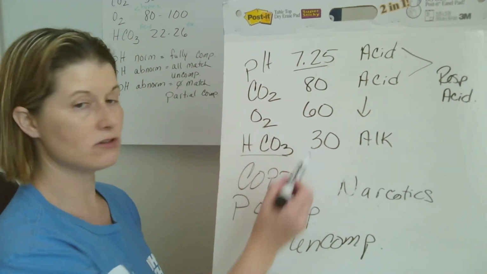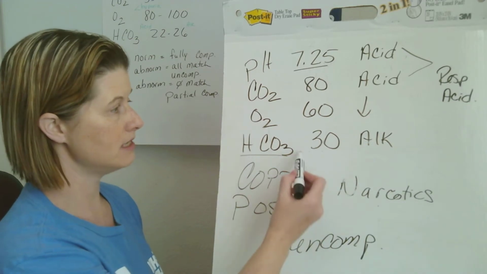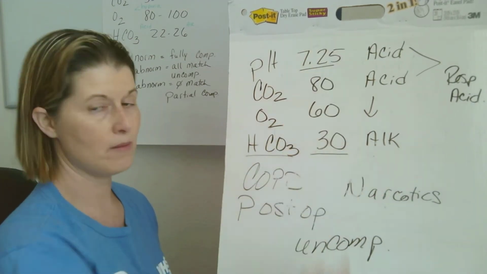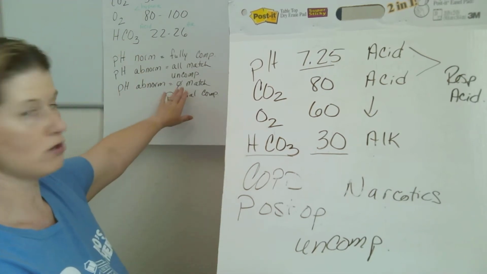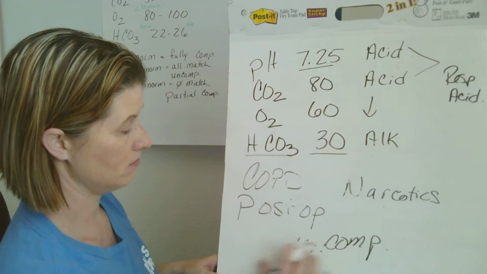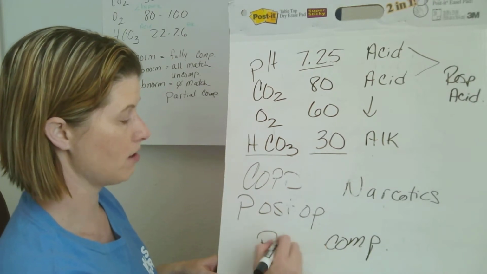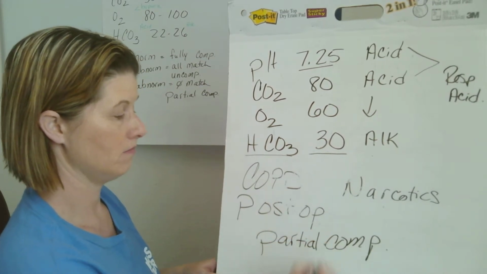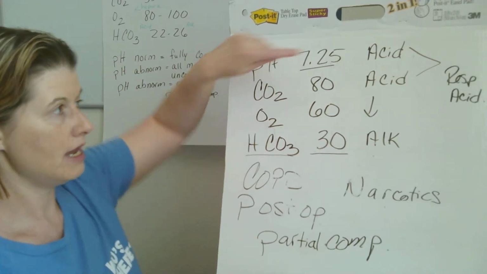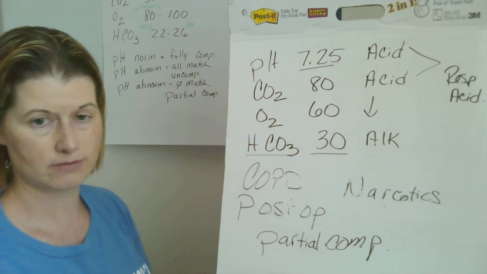And the kidneys are trying to help because the bicarb is abnormal. They do not all match, okay? So we are partially compensated. We have an abnormal pH, and they do not all match.